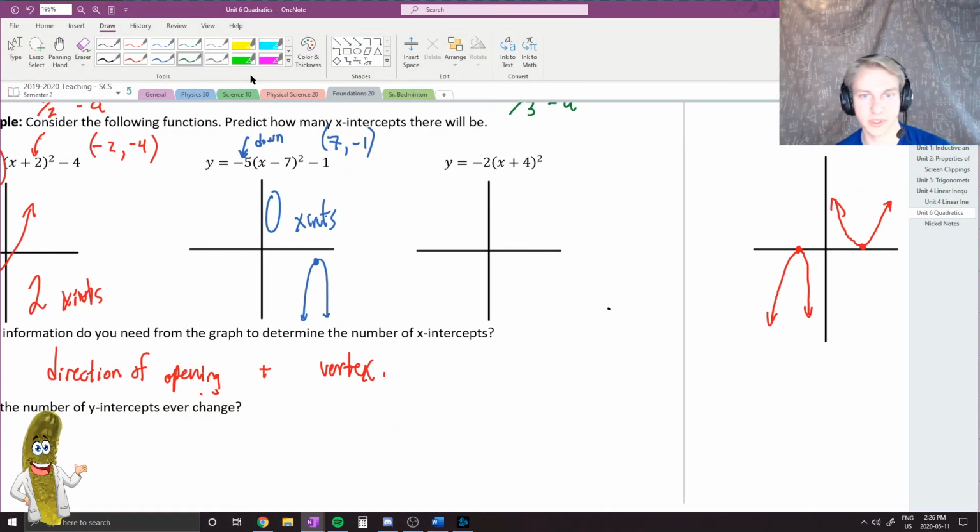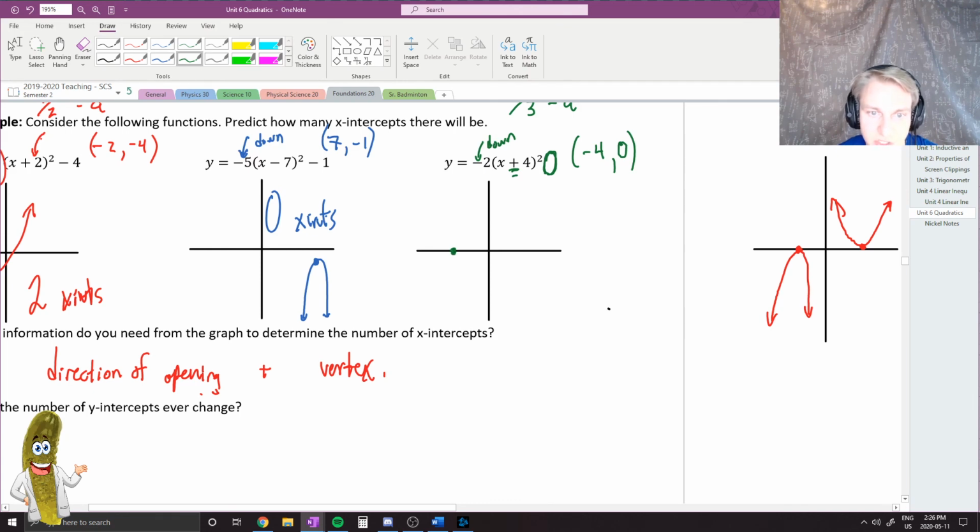Last example here we'll do in green. Again, we have a negative a value, so this opens down. Because this is a positive 4, I know that this will have an x value for the vertex of negative 4. And there's nothing here, so I know that this value for y will be 0. So I have a vertex of negative 4 comma 0.